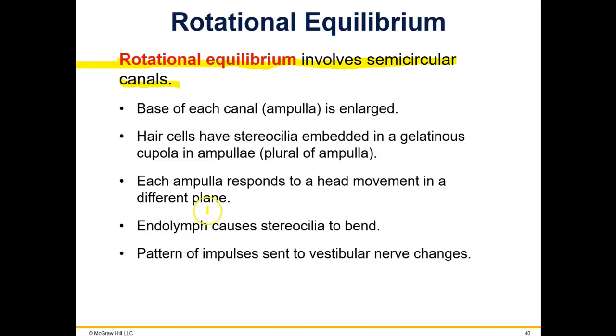So anytime we move our head, the stereocilia will bend. Head movements will cause those stereocilia to bend and send impulses to the vestibular nerve.